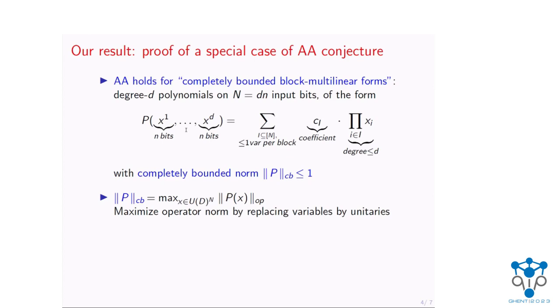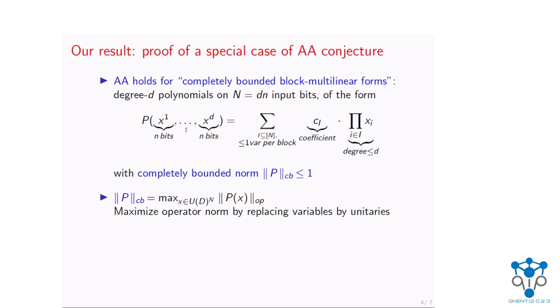Each of these capital N variables, you can substitute a large dimensional unitary for it. If you view it that way, then this polynomial is a non-commutative polynomial, because different unitaries need not commute. You stick in a large dimensional unitary for each of the variables. This gives you a new matrix. This matrix will have an operator norm. And the CB norm is defined as the biggest operator norm you can get in that way.